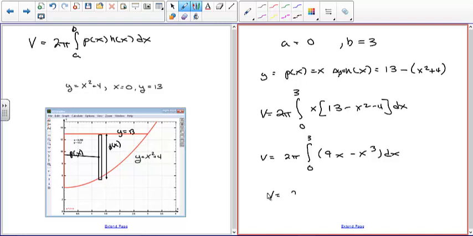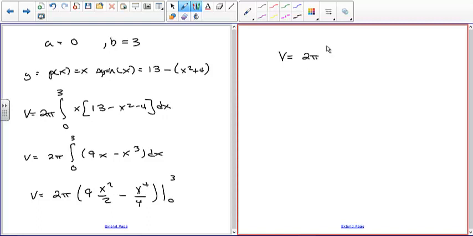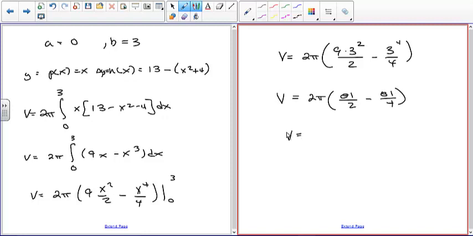Okay, so let's see what we got here. 2 pi times 9x squared. Is that the right answer?